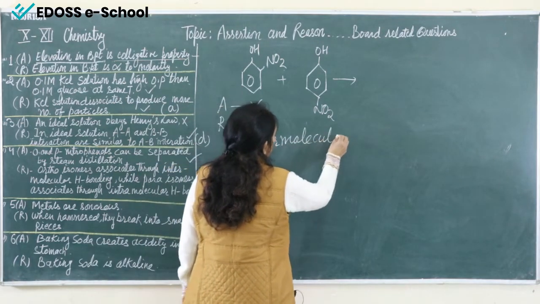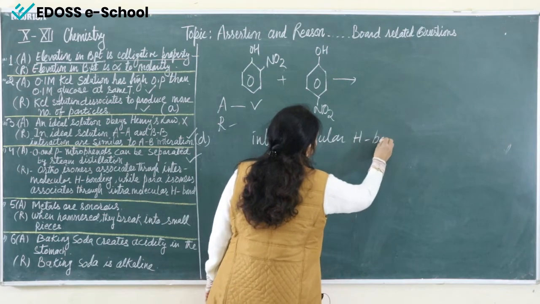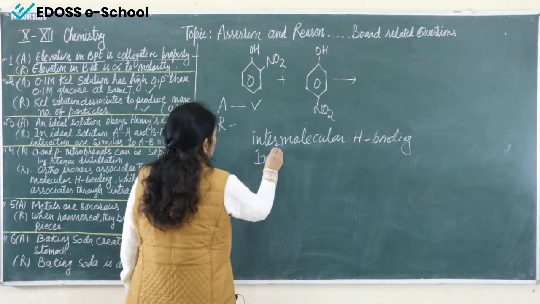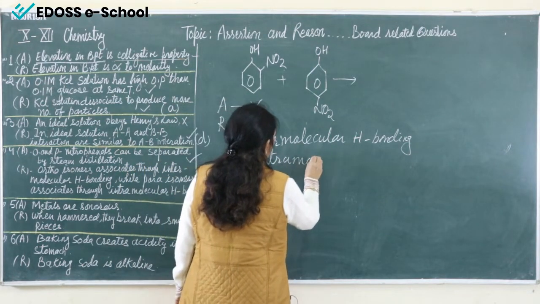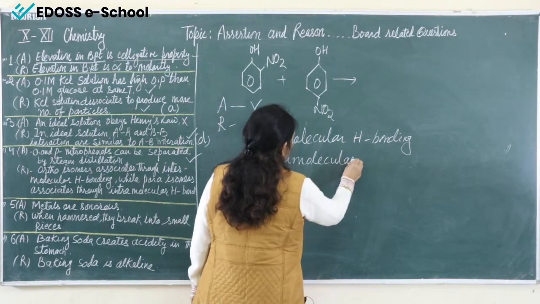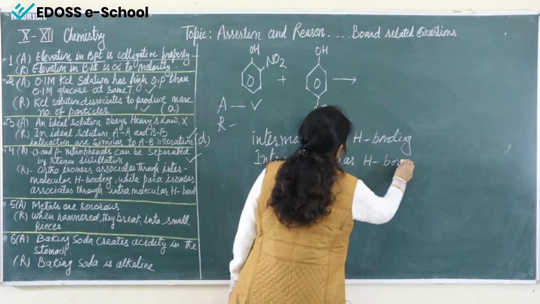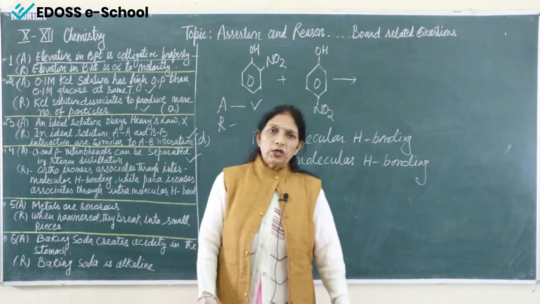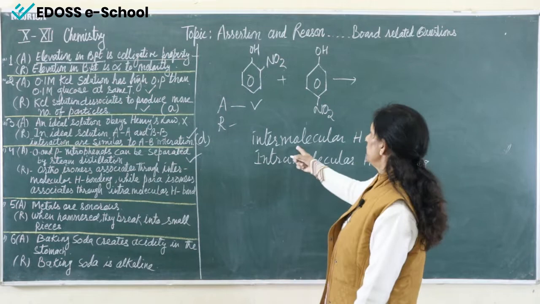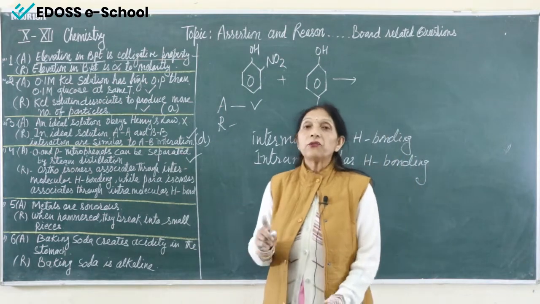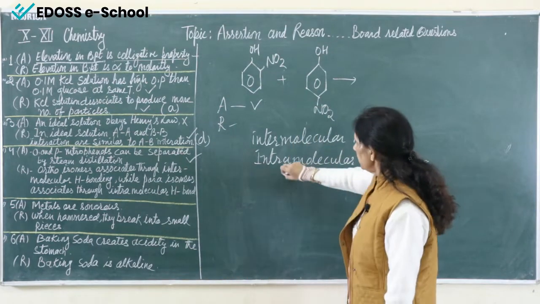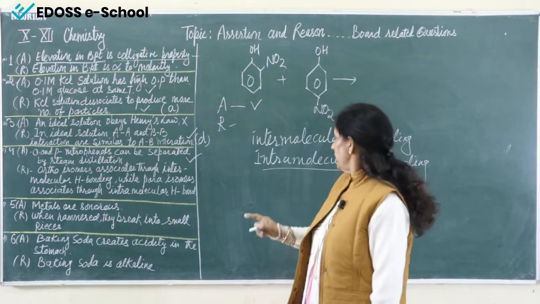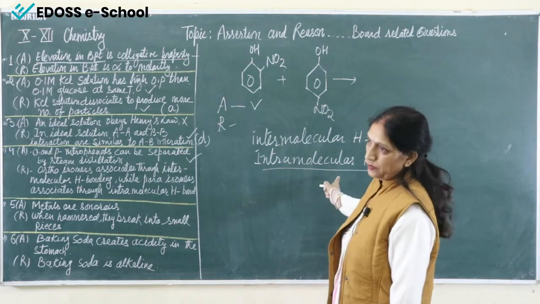Intermolecular hydrogen bonding, and another is intramolecular hydrogen bond. So intermolecular means when two molecules are connected through hydrogen bonding, two different molecules. And intramolecular hydrogen bonding means when in the same molecule hydrogen bonding is seen.